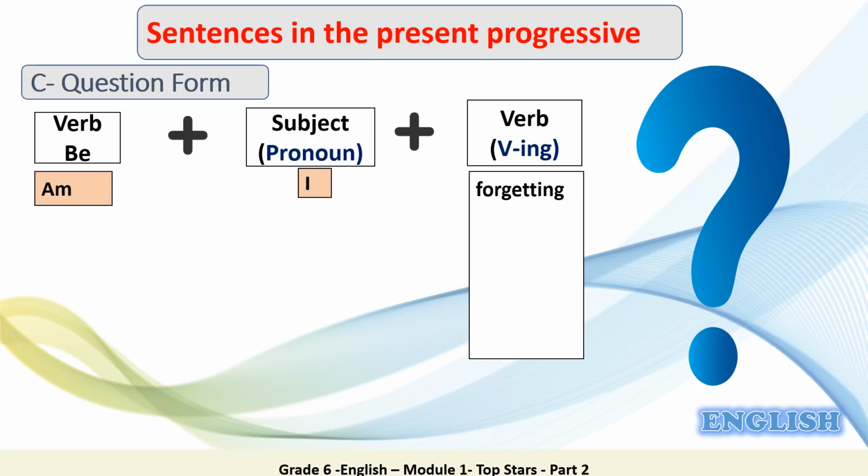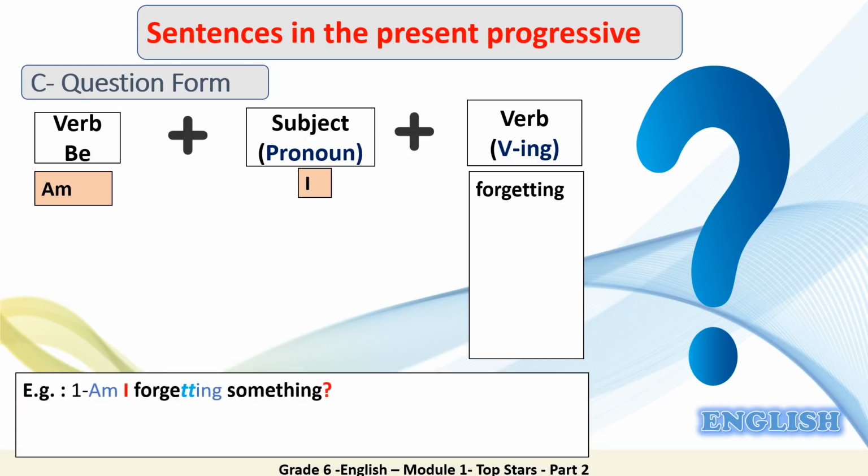So let's see our question. Am I forgetting something? Yes. Now remember to capitalize the first letter and put a question mark in the end. Also, pay attention to the double T. Remember the CVC rule? Very good.